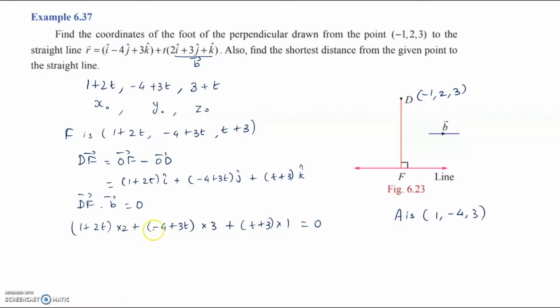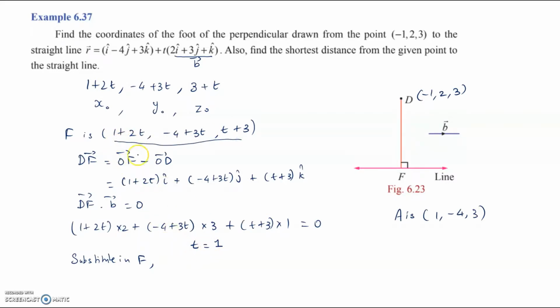If we simplify this, we find that our t is equal to 1. So once we get the value of t, we substitute in f, and we will get our f is given by this expression here.